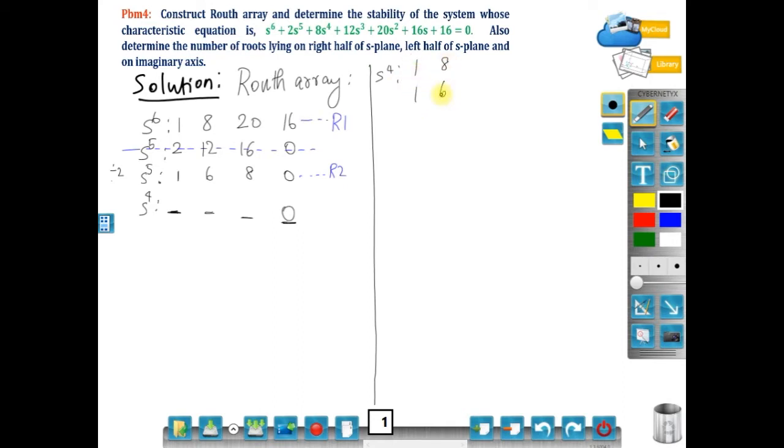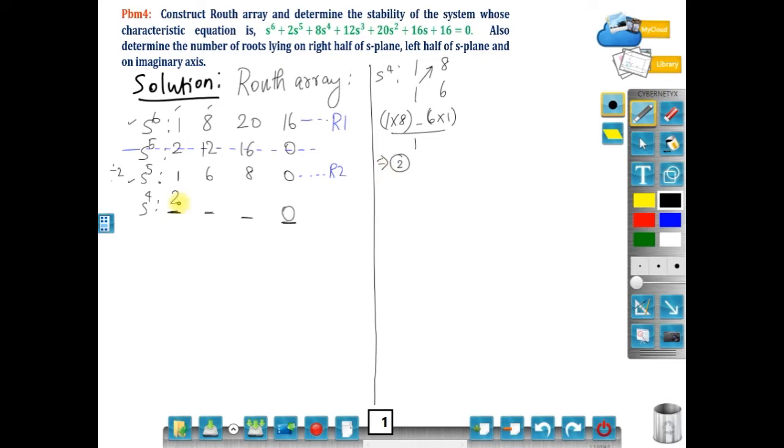The previous 2 rows are the S power 6 row and the S power 5 row, first column and second column. We will get this 2 by 2 matrix. So we will calculate the value like this: 1 into 8 minus 6 into 1, divided by 1. The answer is 8 minus 6, that is 2.